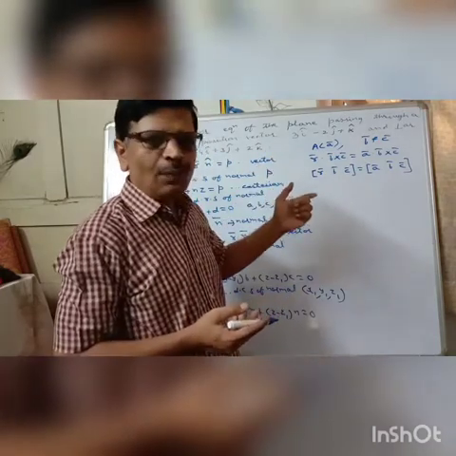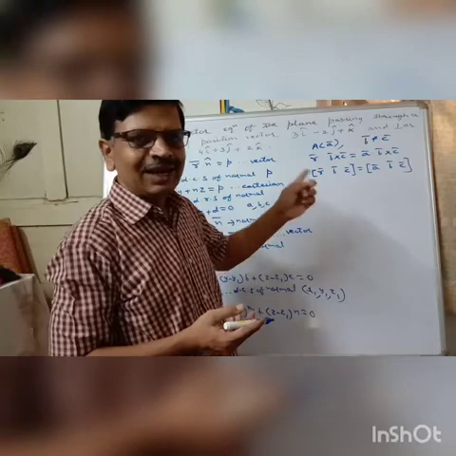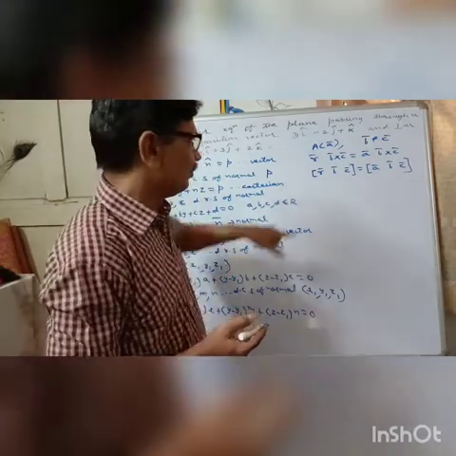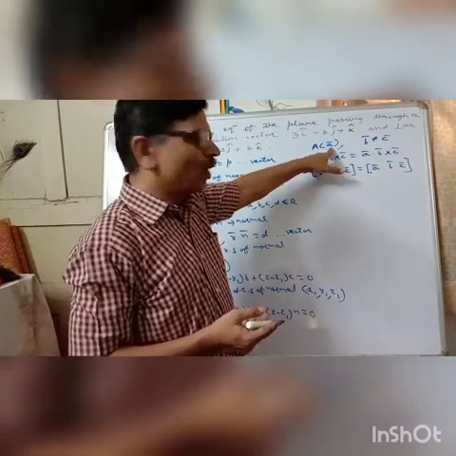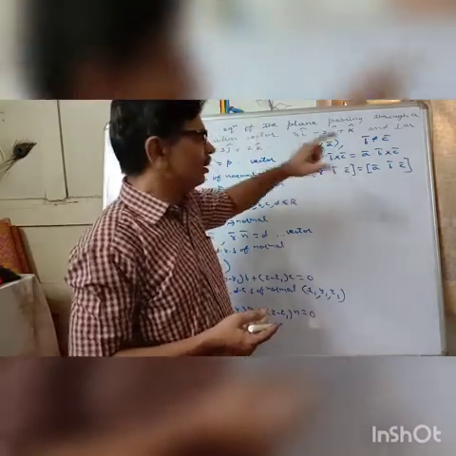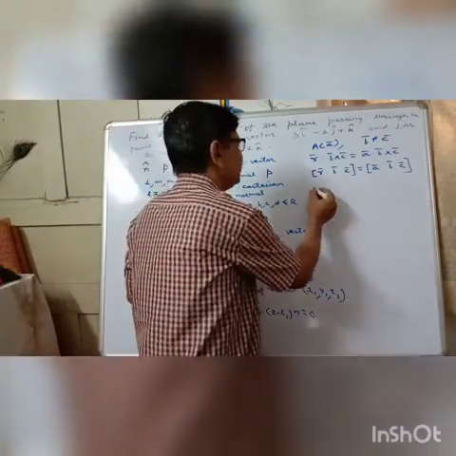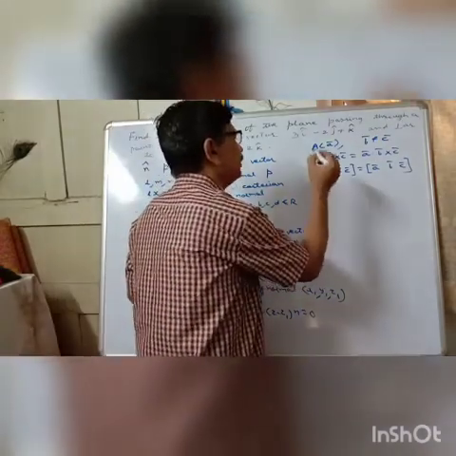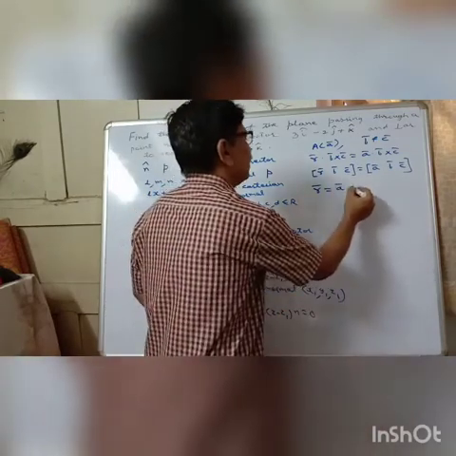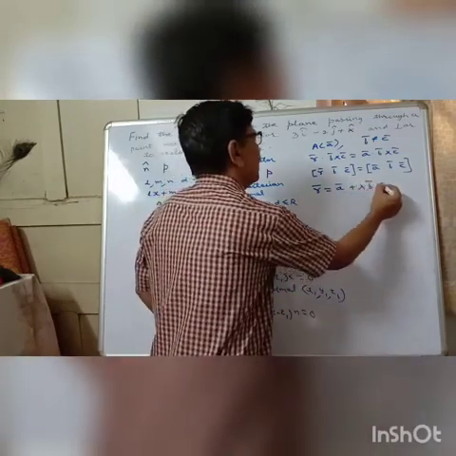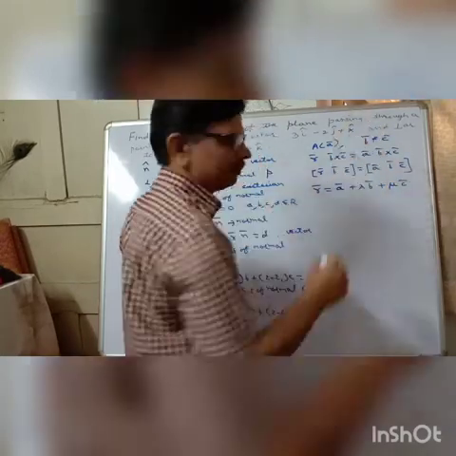Now equation of plane can be written in vector form, but that is another form, that is parametric form. So position vector of one point in the plane a bar, b bar and c bar are parallel to the plane. Then equation of plane in vector form can be written r bar equal to a bar plus lambda b bar plus mu c bar.